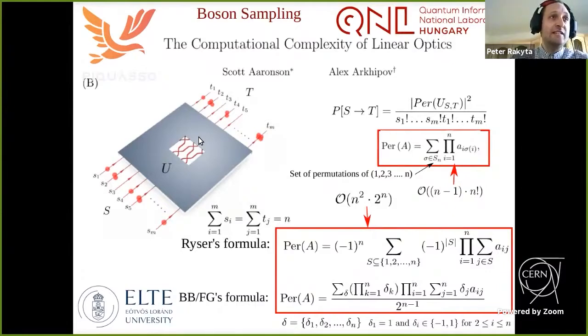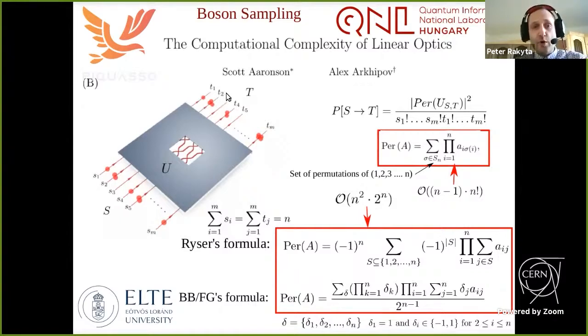The question is: if you have some input configuration of photons, what is the probability to detect, for example, one photon on T1 output, three photons on T2 output, and so on?